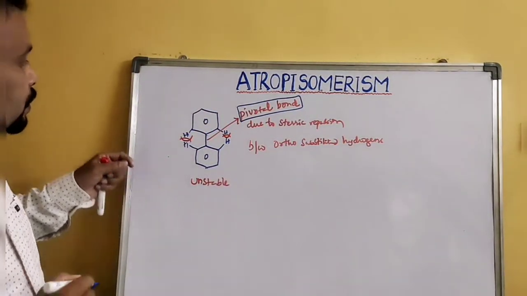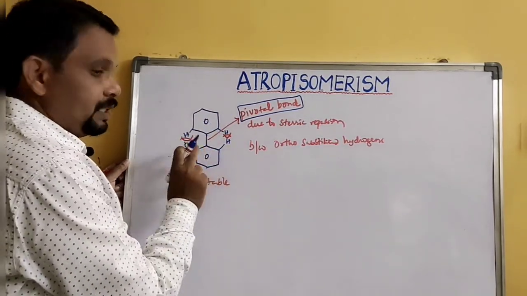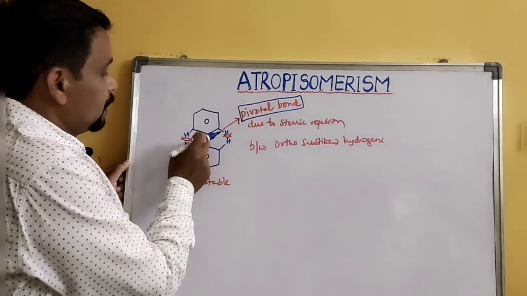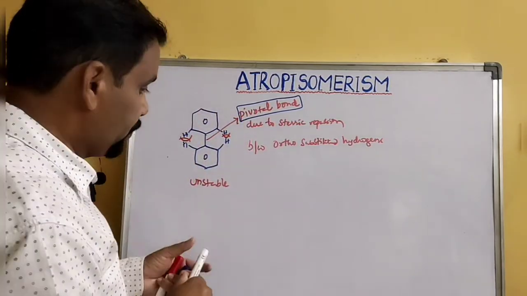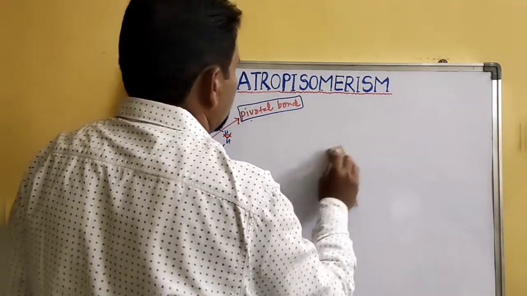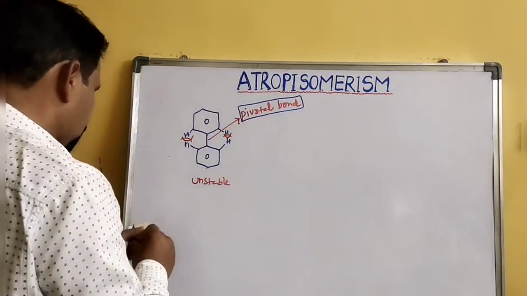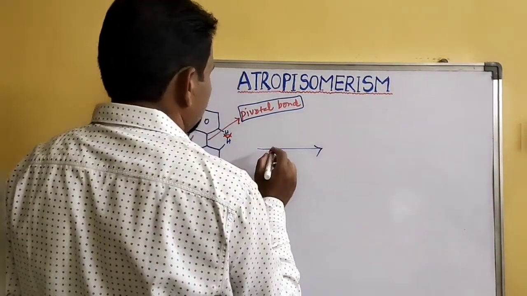So one of the rings rotates about this pivotal bond and produces a non-coplanar, non-planar conformer.